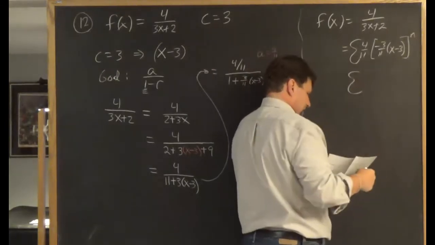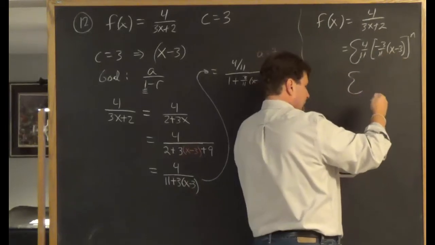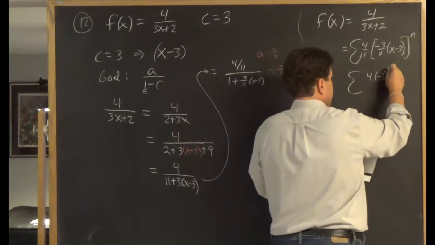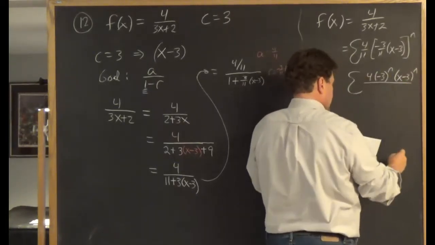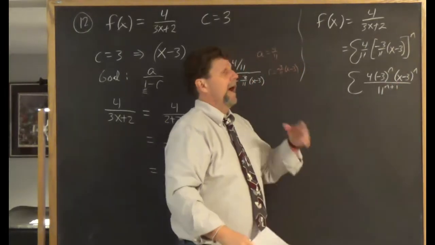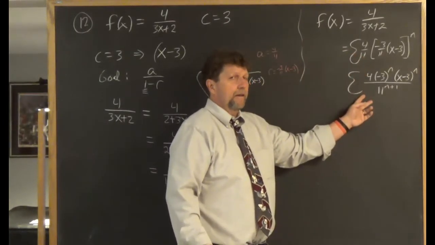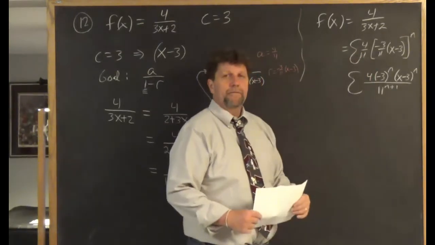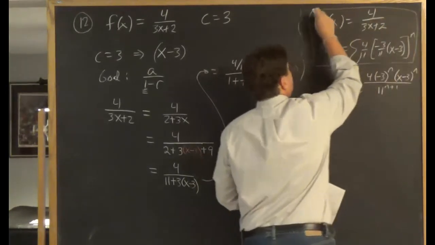But see how I could take this and rewrite it as 4 times negative 3 to the n times x minus 3 to the n all over 11 to the n plus 1. I am not saying you have to go from here to here. I'm not saying that at all. I'm saying, can you see how to go from here to here? So we have our power series representation for the function.